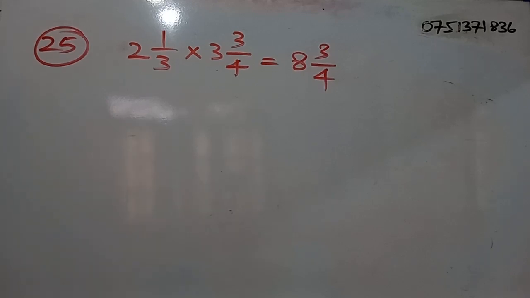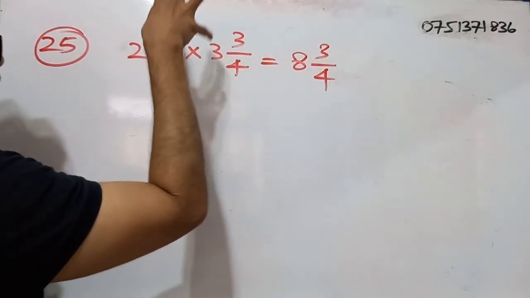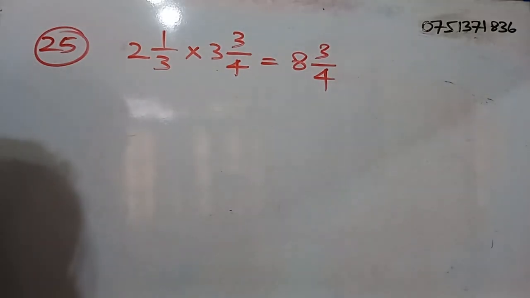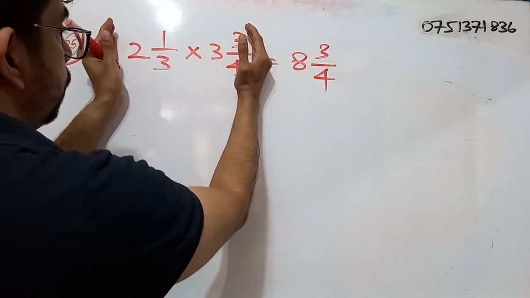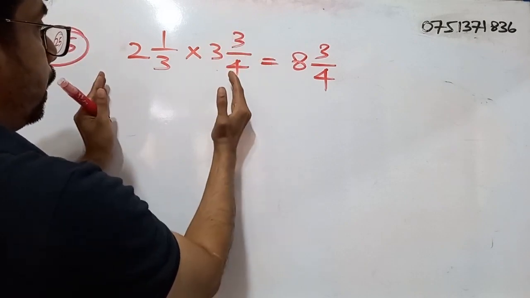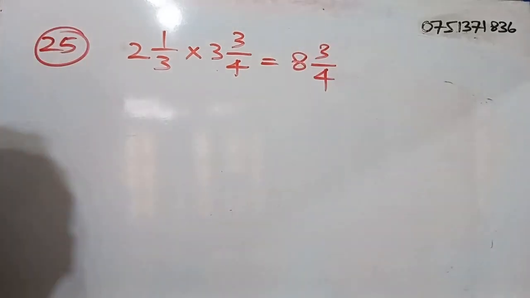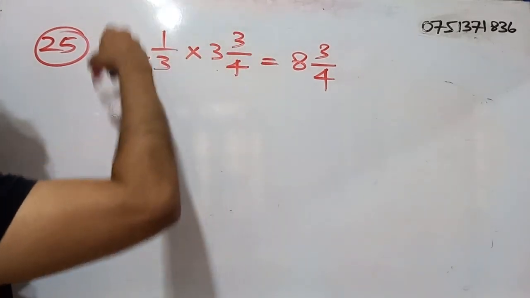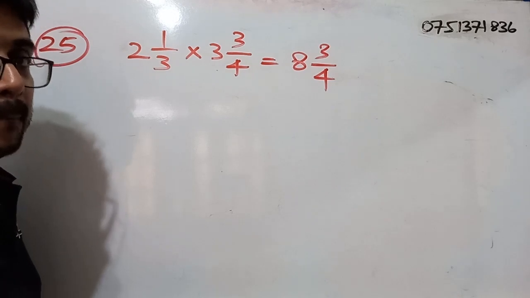Right. Question number 25. So here we need to show that in the given expression, the left hand side is equal to the right hand side. So simply what do we need to do? We need to take the values in the left hand side of the equation and simplify it and see whether we are getting this value. Right? So first thing is, if we consider the left hand side, we have two fractions where both are mixed numbers.